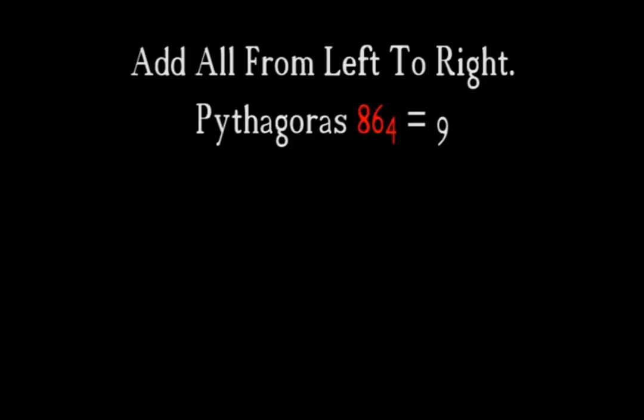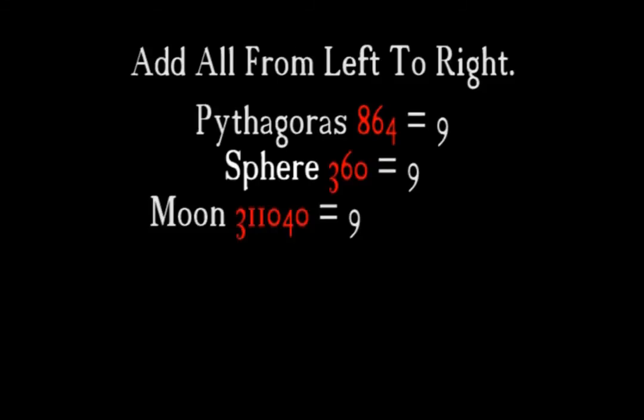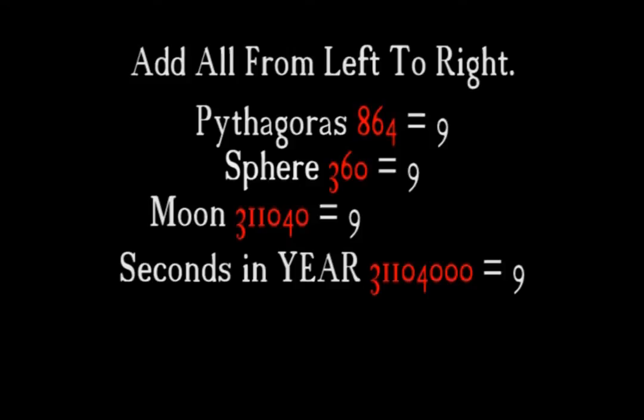So here we are, back where we started. 9. The number of Pythagoras, 864. 9. The number of the sphere, 360. 9. The hidden number behind 311040. 9. The hidden number behind 31104000. 9. The hidden number behind pi.